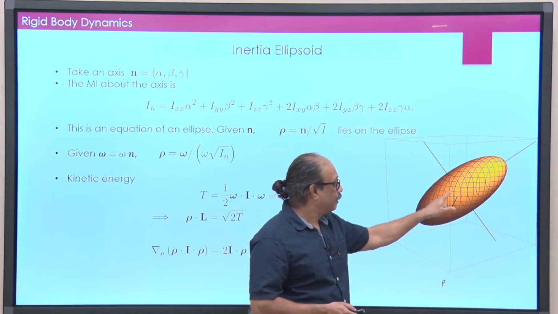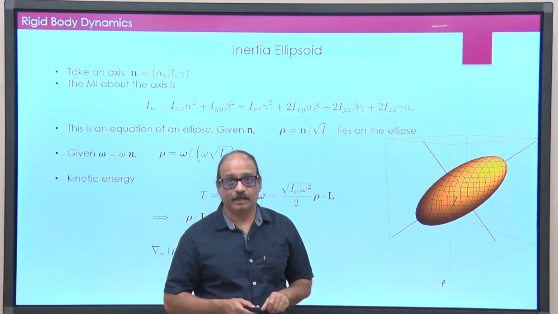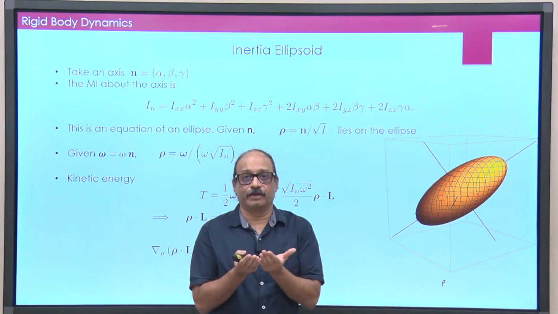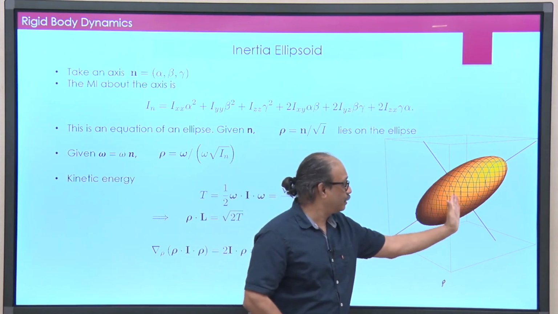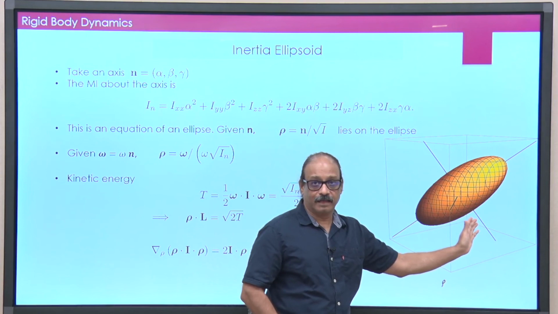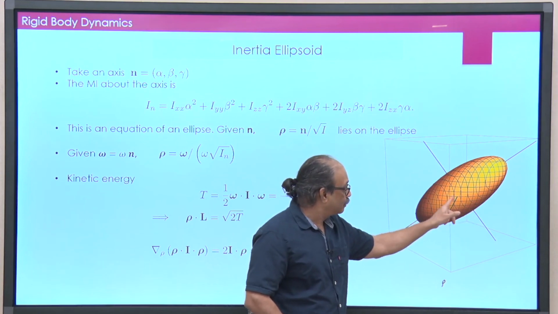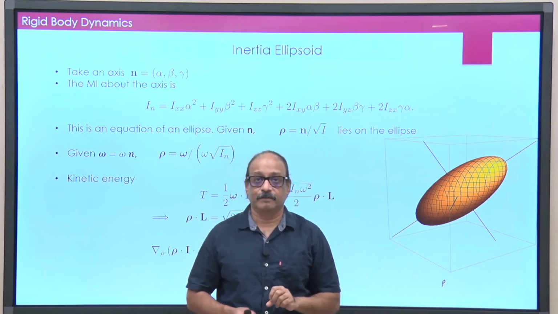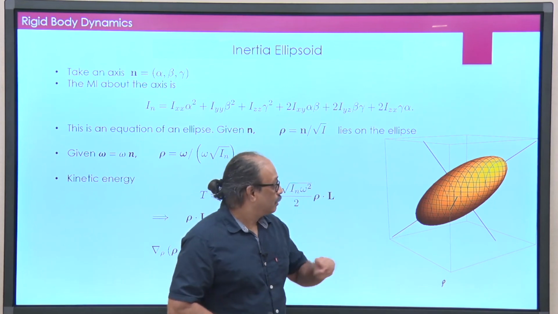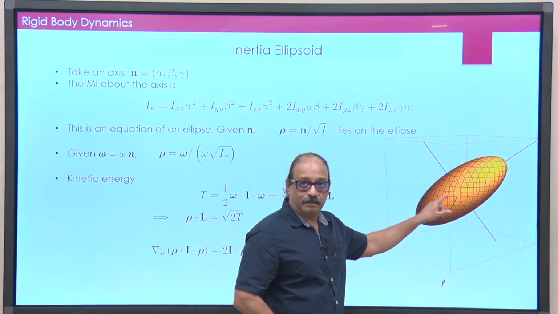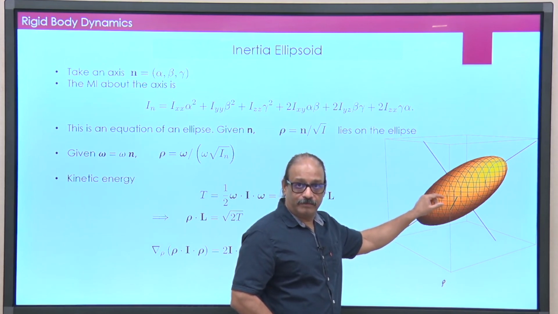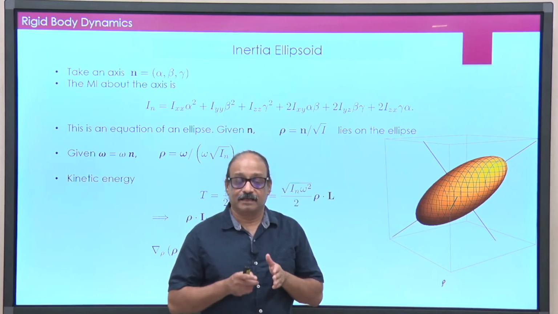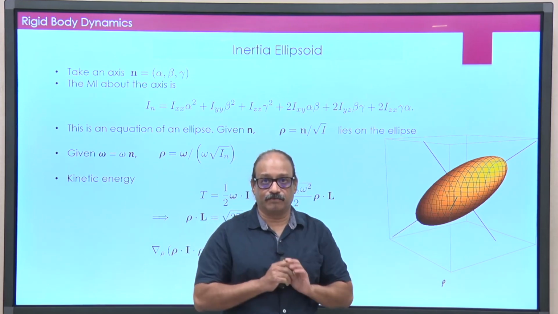Same thing will happen with the other two. But now, this ellipsoid is basically symmetric about 1 1 1. If you take a cross section here, the cross section is circular. That means, along the circle which joins these points of the semi major axis or middle axis, the angular momentum will be perpendicular to the surface, but that also will be exactly the same as the direction of omega.